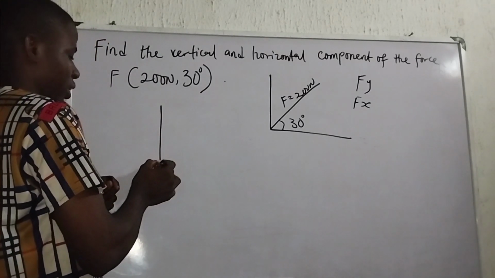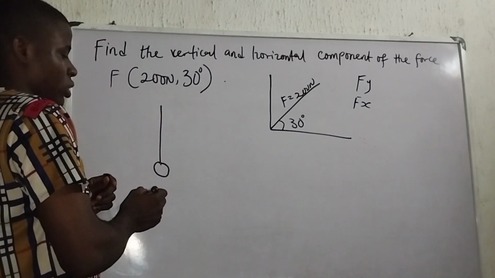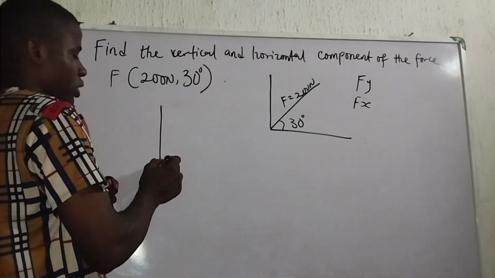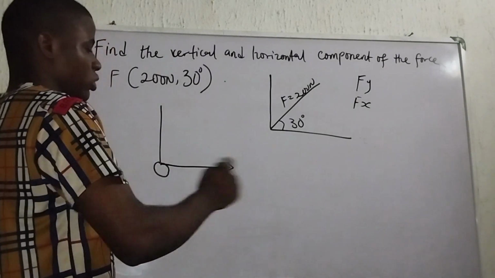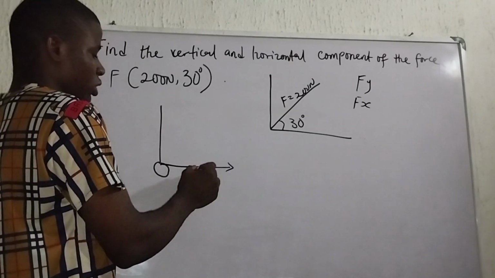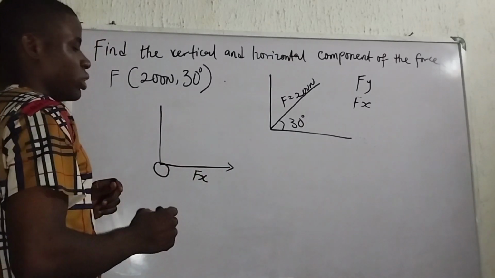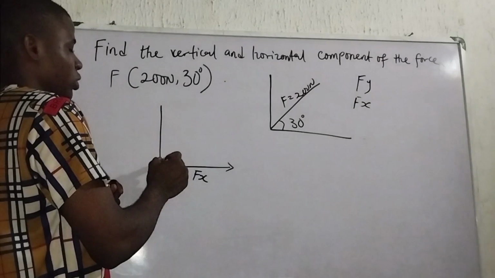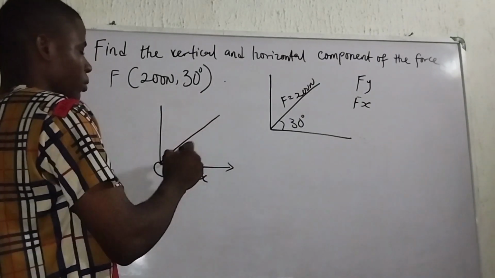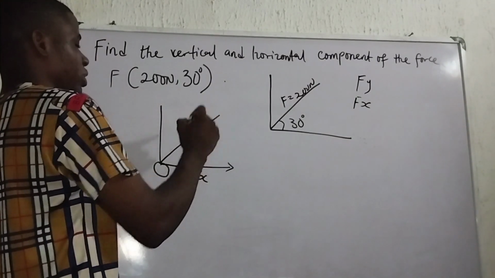Now let's derive it again. Provided I have a ball, and let's say it is pulled horizontally. That force pulling it horizontally, we call the horizontal component of the force. Now the resultant is meant to be this one, the hypotenuse.